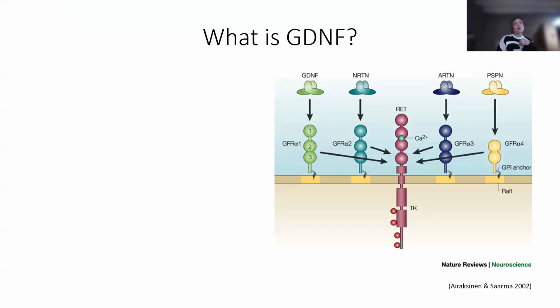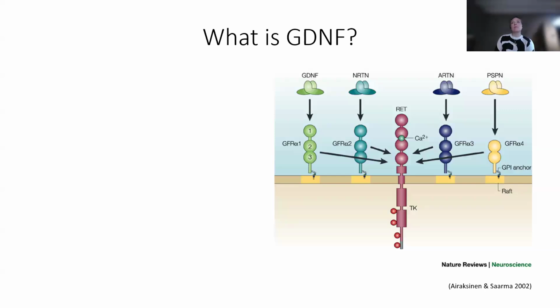GDNF is a small protein molecule which needs GFR1 receptor binding and then binding to the RET receptor and their dimerization, which are themselves tyrosine kinases, in order to produce its action on the cells in the body and the brain.